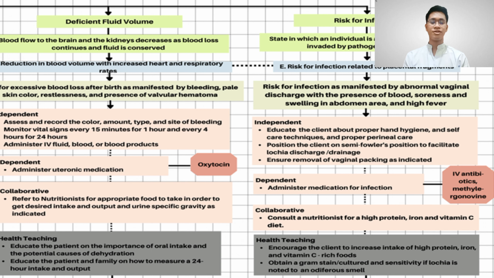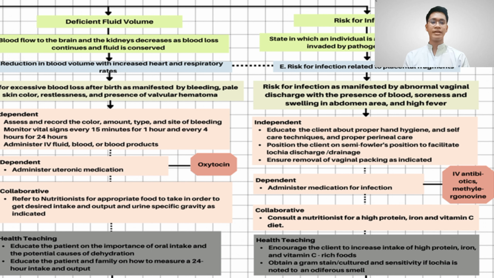For nursing intervention, first is independent intervention. Assess and record the color, amount, type, and site of bleeding. Also monitor vital signs every 15 minutes for 1 hour and every 4 hours for 24 hours. And administer IV fluid, blood, or blood products.